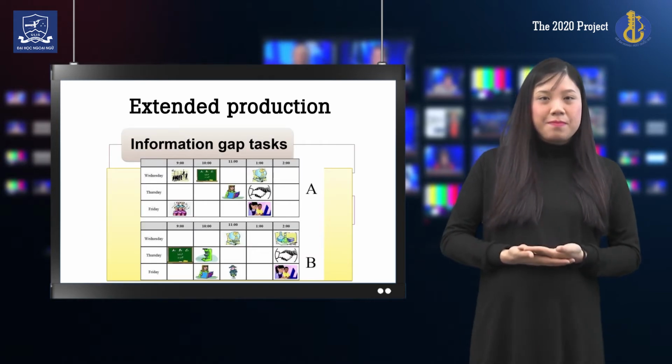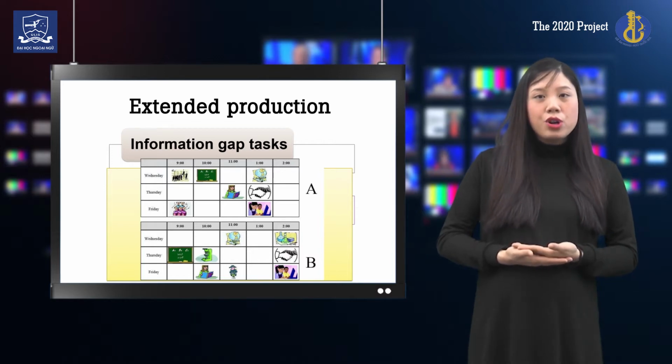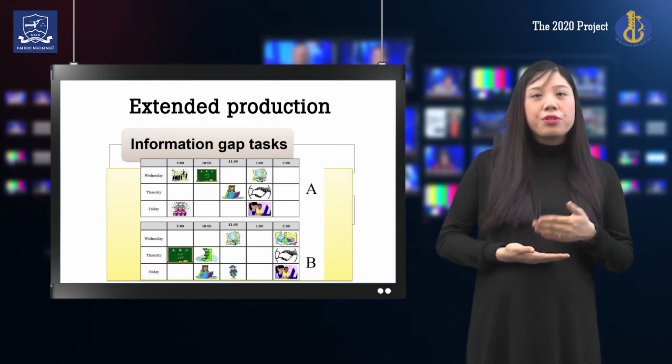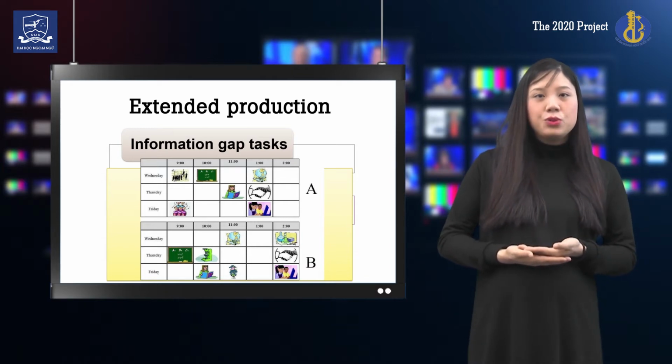Information gap task. This task, more commonly known as the info gap task, presents the input in terms of incomplete information. That is, one test taker is given half or some of the information, and another test taker is given complementary information. Both test takers then have to question each other to get all the information.